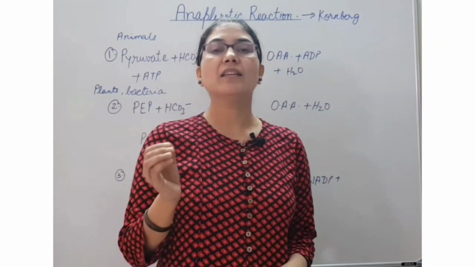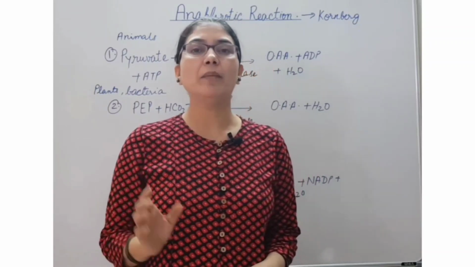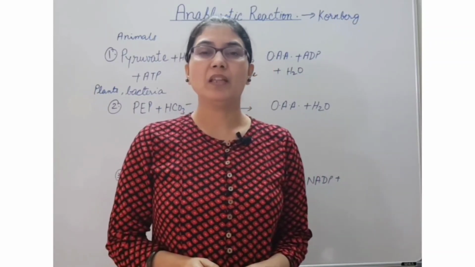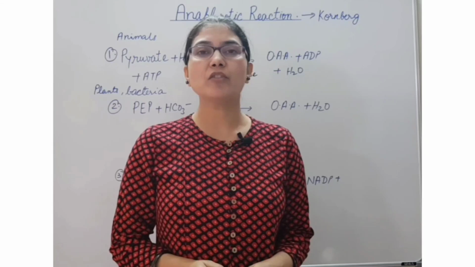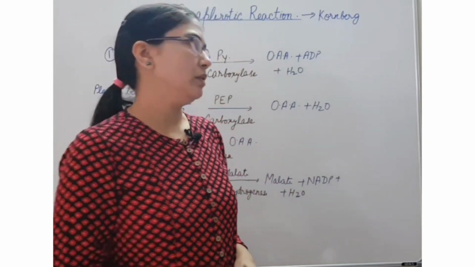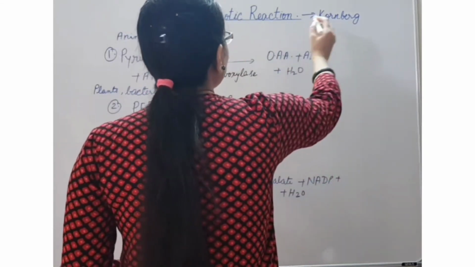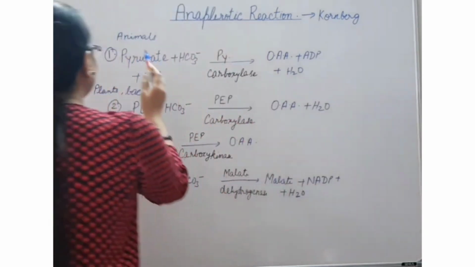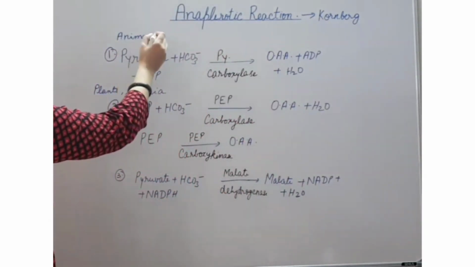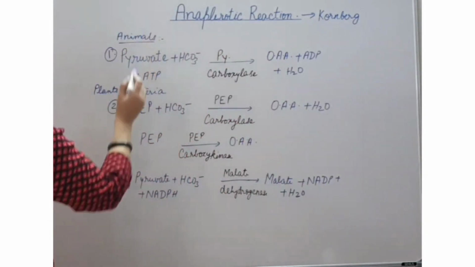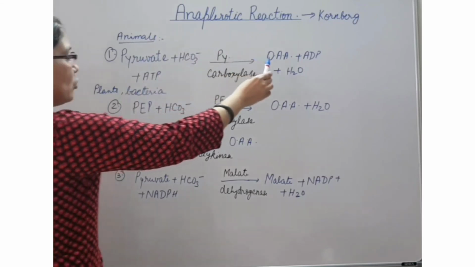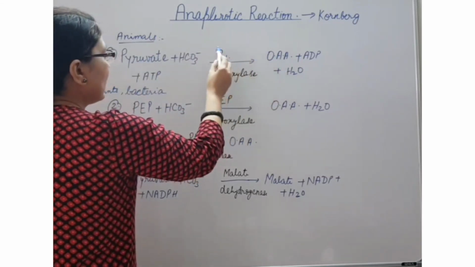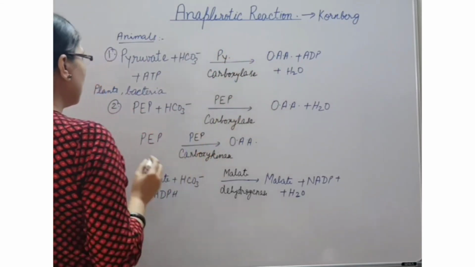For this, there are certain replenishing or filling up reactions present. These are known as the Anaplerotic reaction. The term was given by Kornberg. Some of the reactions are: in animals, pyruvate is converted into oxaloacetate. It is catalyzed by the enzyme pyruvate carboxylase.